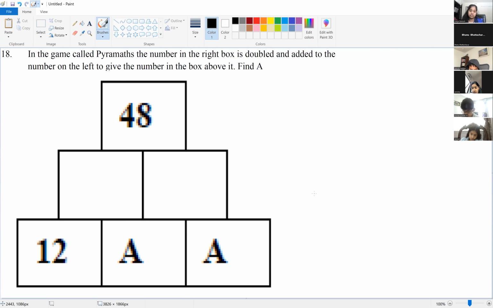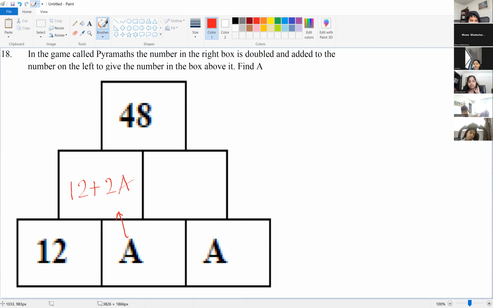Janisha, you want to try? Go ahead. So the number in the right box is A. So A divided by 2 plus 12. Is it divided by 2? It said the number in the right box is doubled. Oh, so you double A. I mean 12 plus 2A.